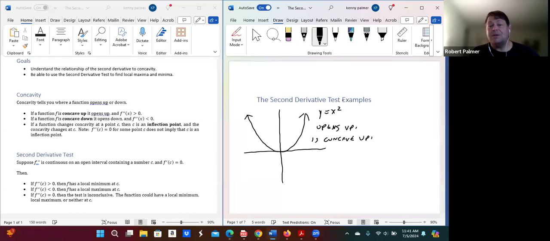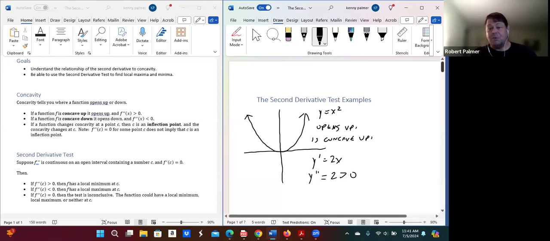If we take the first derivative, it's just 2x. The second derivative, which is the derivative of the first derivative, is just 2. In this case, that's positive. So if our second derivative is positive, the function is concave up, opens up like this.